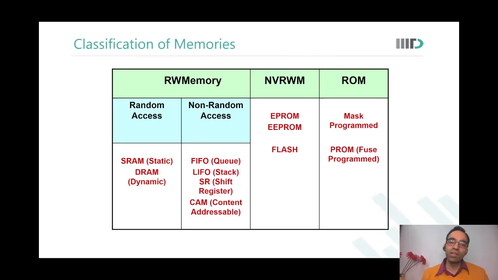We want to search at what location are details of Akash stored. The location at which those details are stored, I will then give out some data from that location. What would that output data be? That will be his roll number. So what is happening is I am inside the memory doing the comparison, generating what is called a match signal, and then giving the output considering that as the desired address.